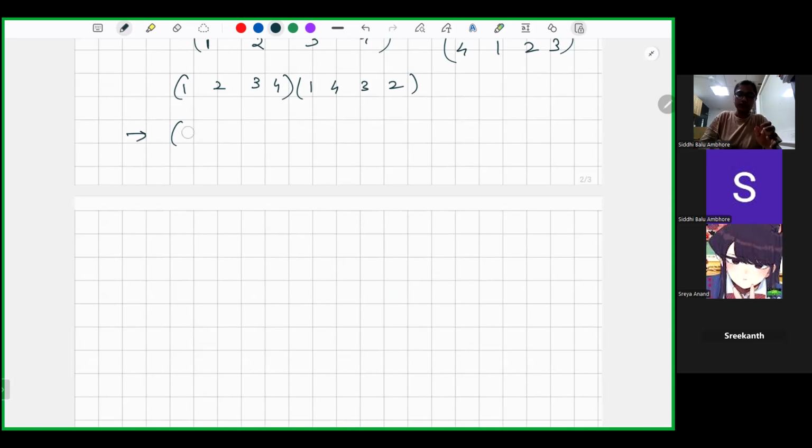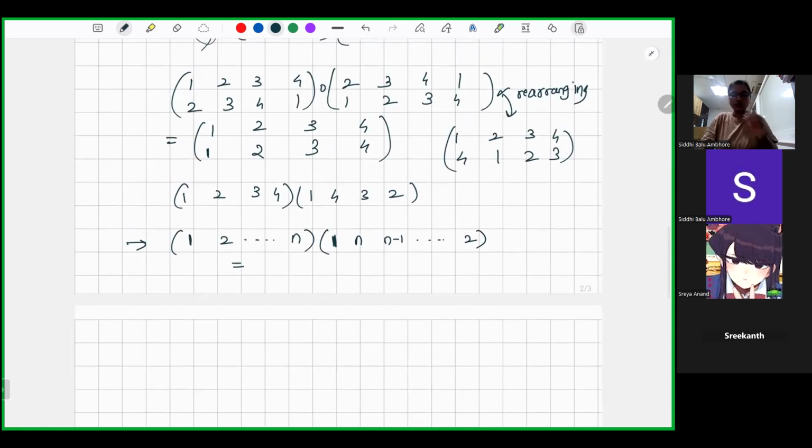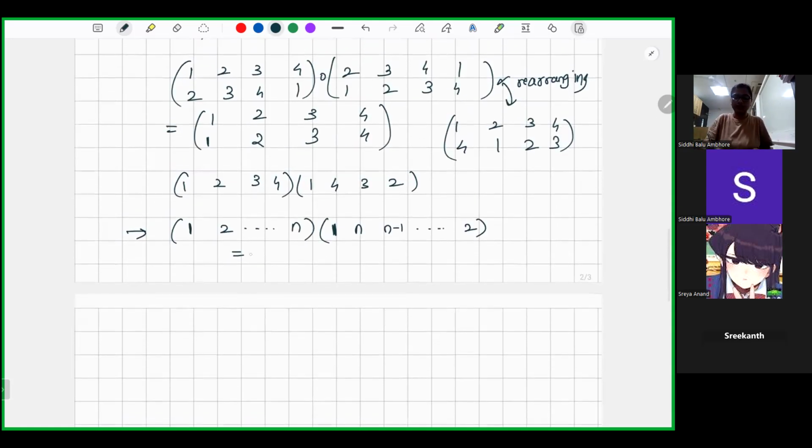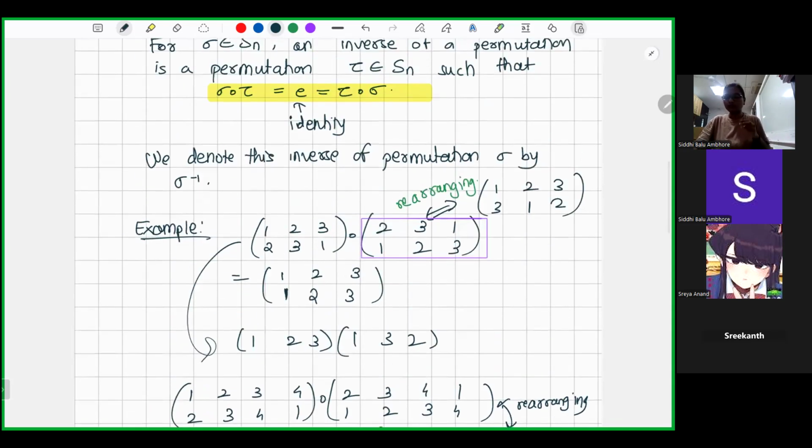If you take any cycle 1 to n, its inverse is this: 1 going to n, and n minus 1 going to 2. So this is the inverse of a cycle in general, and it gives me E again, or identity, or 1 if we want to just denote it.